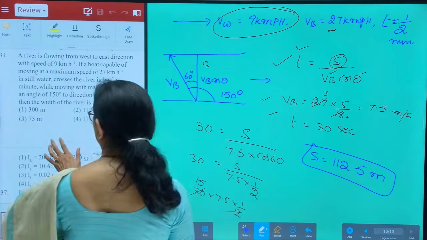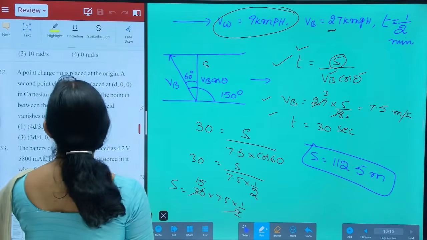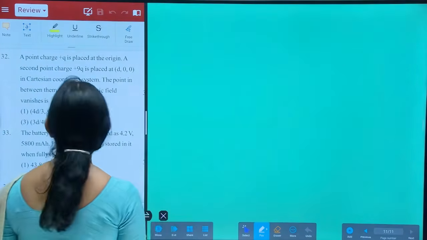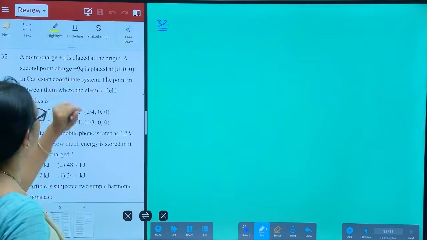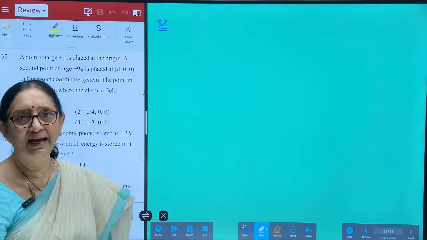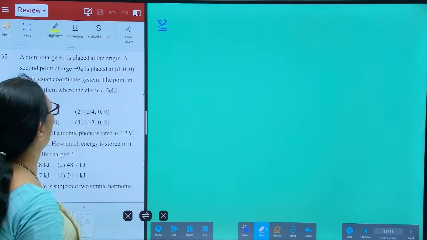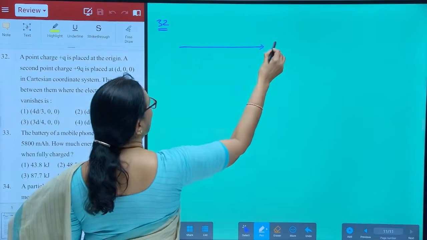Now, let us go to the next problem. See here, question number 32. A point charge plus Q is placed at the origin. A second charge plus 9Q is placed at D, 0, 0. See, let us take this as the x-axis.